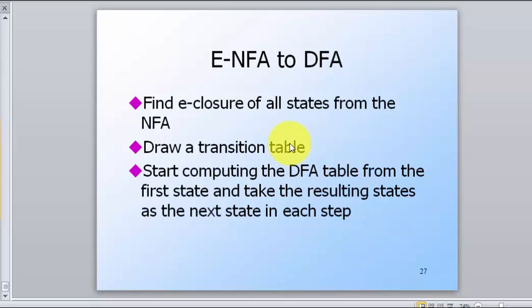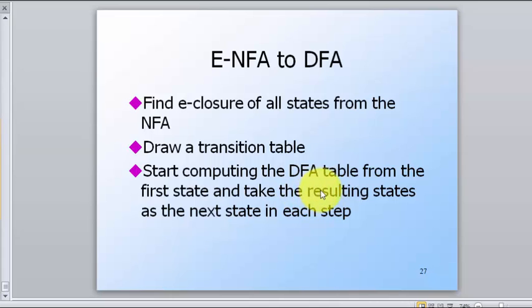Right, so in the first step, we find the e-closure of all the states from the NFA, and after that we draw a transition table. In that transition table, we start computing the DFA table. That is, the transition table and the DFA table are one and the same. We start computing from the first state of the e-closure, take the resulting states that we get, and later use that resulting state as the next state to compute.